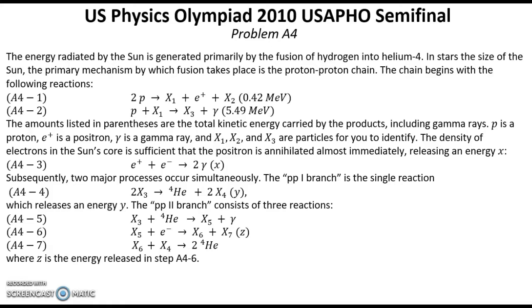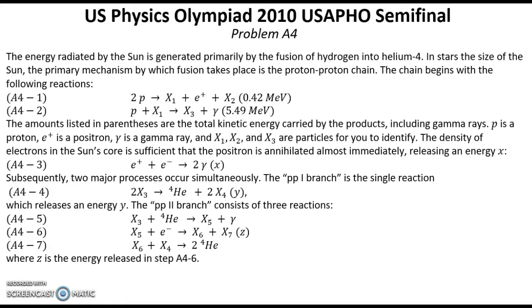The density of electrons in the sun's core is sufficient that the positron is annihilated almost immediately, releasing the energy X. During this annihilation reaction, electron plus positron go into 2 gamma rays.